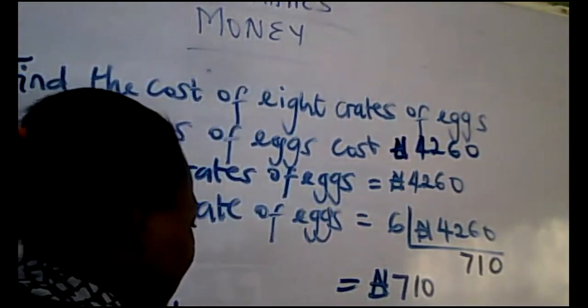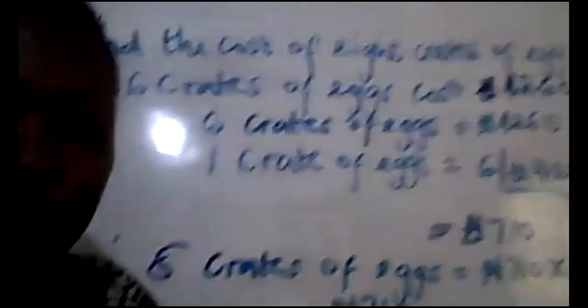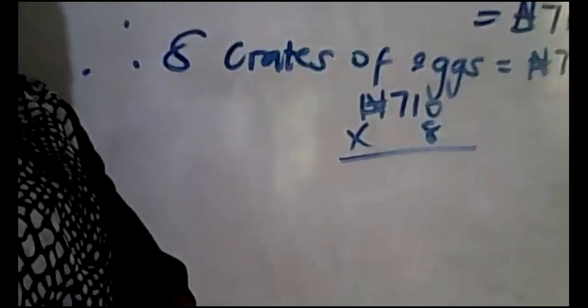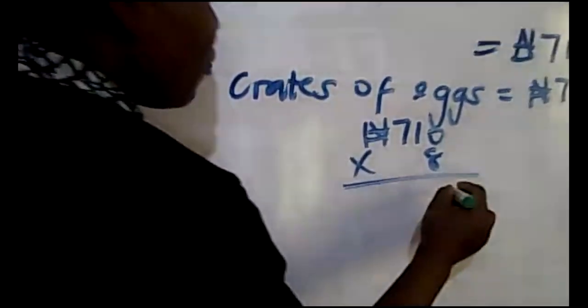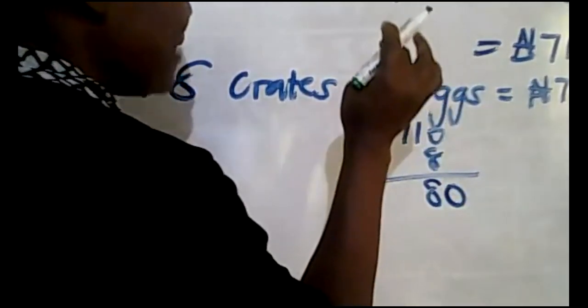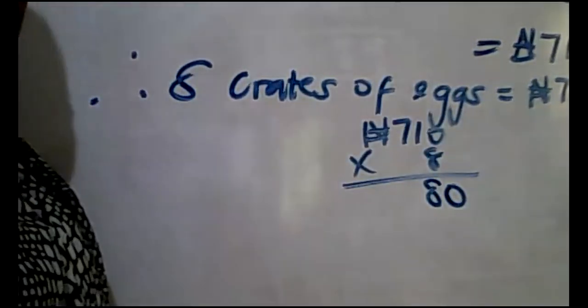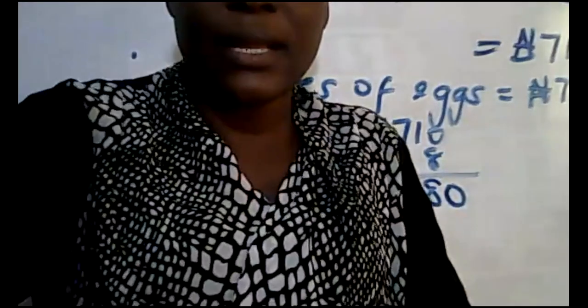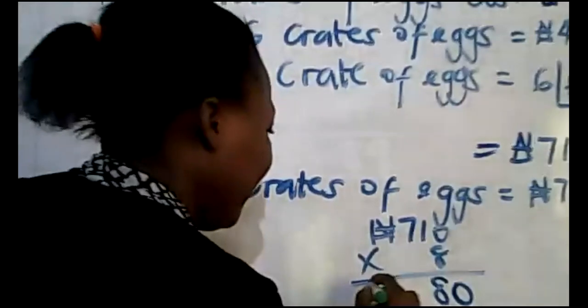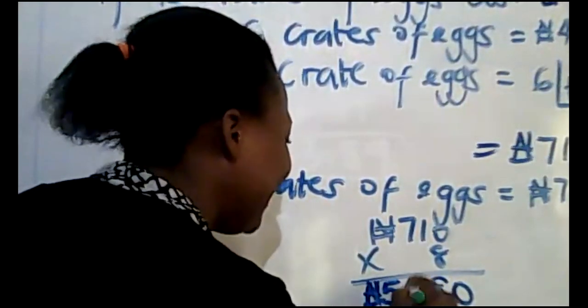8 times 0, 0. 8 times 1, 8. 8 times 7 will give you 56. Are you calculating it already?